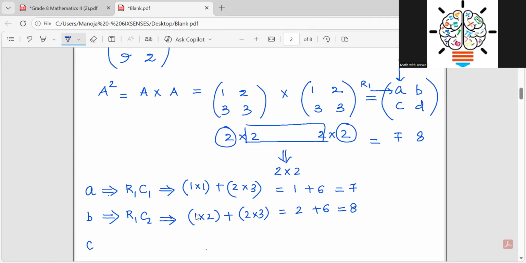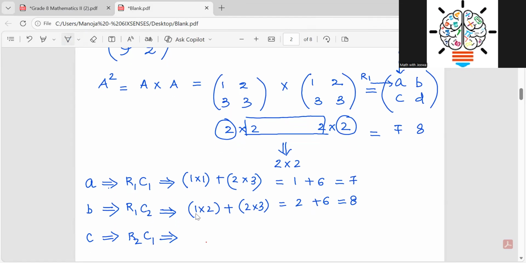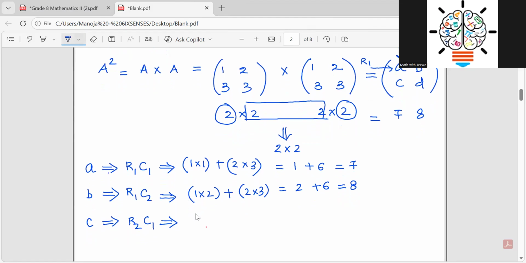Then I'll take the C. It is R2 C1, right? R2, the row 2, that is 3 times 1 plus 3 times 3. That is 3 plus 9, which is 12. You write here 12.